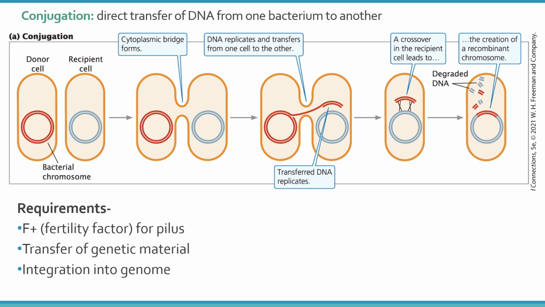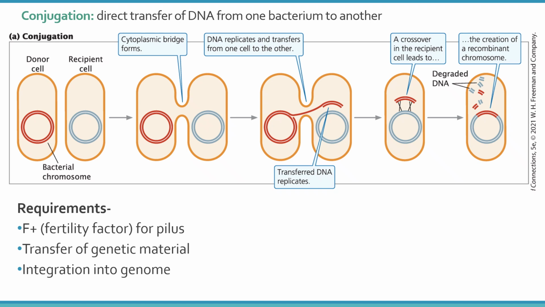Conjugation is going to be a direct, one-way transfer of DNA from one bacterium to another. This is going to be initiated by one bacterium, and the other one is sort of an unsuspecting recipient of this DNA. One of the requirements for conjugation to happen is for the donor cell to have something called a fertility factor. This fertility factor is actually a set of genes that encode the information for controlling this whole process of conjugation.